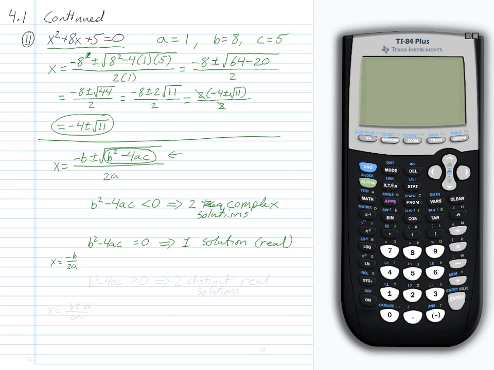Now finally, if b squared minus 4ac is positive, then our solution is going to look like x equals negative b plus or minus some number all over 2a. So we're going to have maybe negative 2 plus 1 over 3, negative 2 minus 1 over 3, giving us two distinct real solutions.